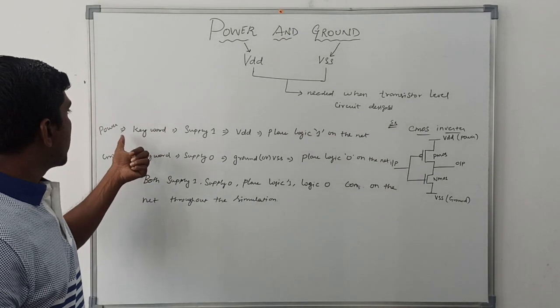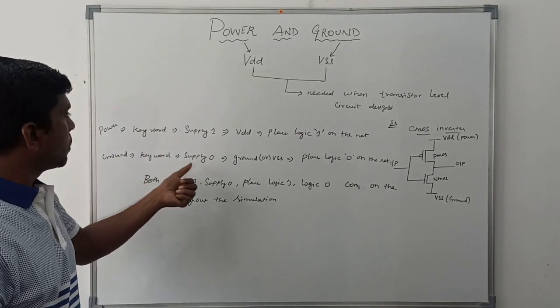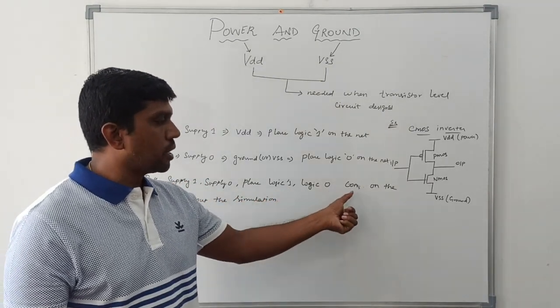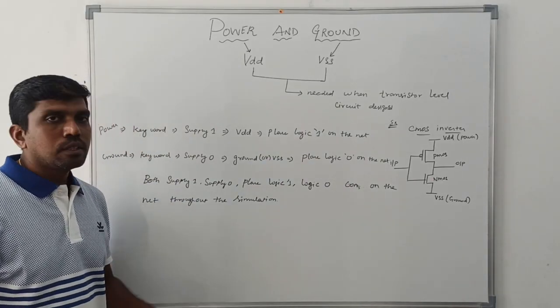So here the keyword of power is supply 1, keyword of ground is supply 0. This supply 1 and supply 0 place logic 1, logic 0 continuously on the net throughout the simulation.